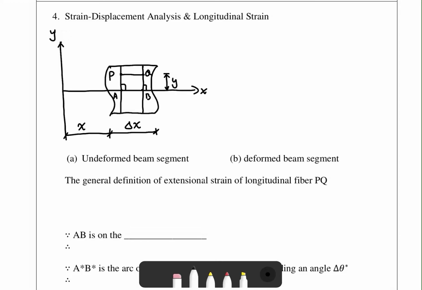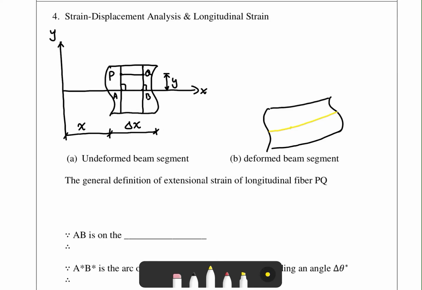Okay, so now we apply the moment. It will curve your structure, right? So after the deformation, we might have something that looks like that. And remember, AB is on the neutral axis.